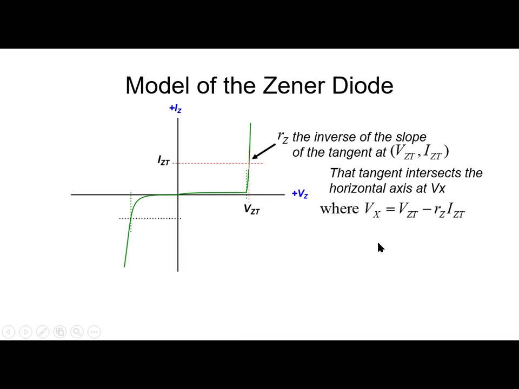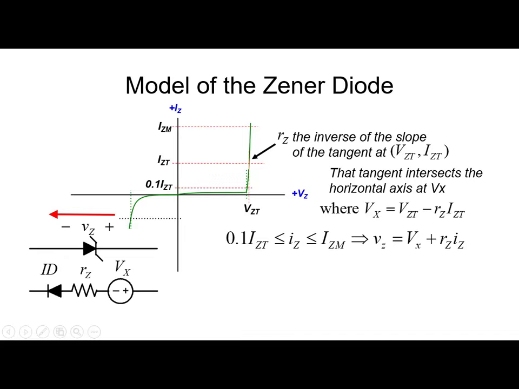And we know that as long as the current in the Zener does not go below 10% of the test current or above the maximum current IZM specified by the manufacturer, this will be true, that the drop is Vx plus RZT IZ. The Zener is represented in its active zone by an ideal diode, which guarantees that the current is flowing from cathode to anode, and as long as that is not so, the drop in the Zener is a constant value Vx plus a drop that is proportional to the current through the Zener.